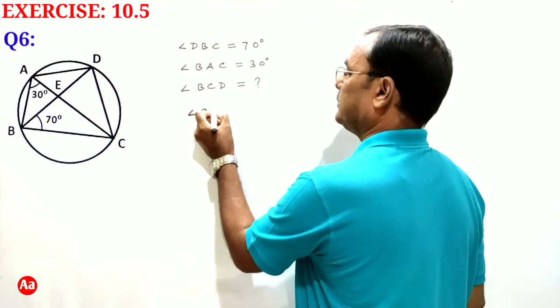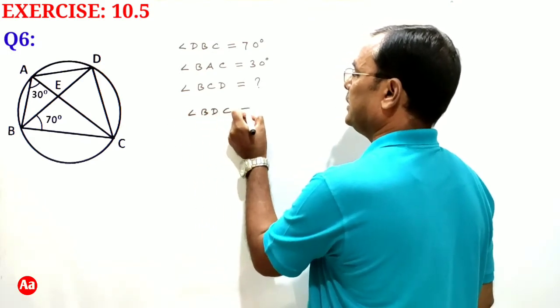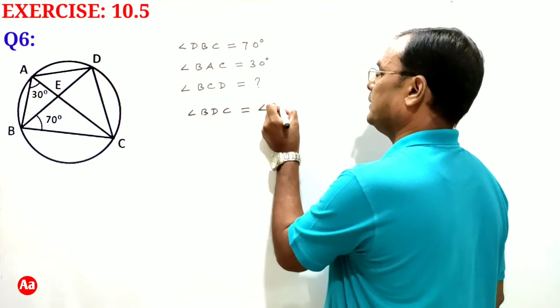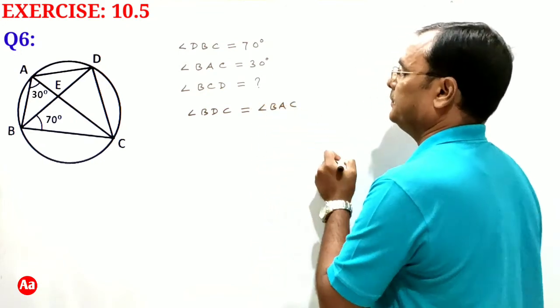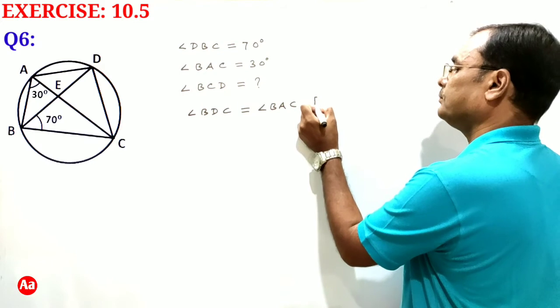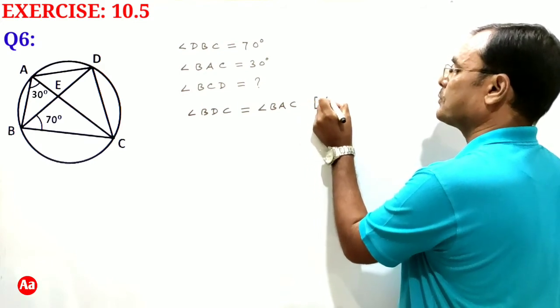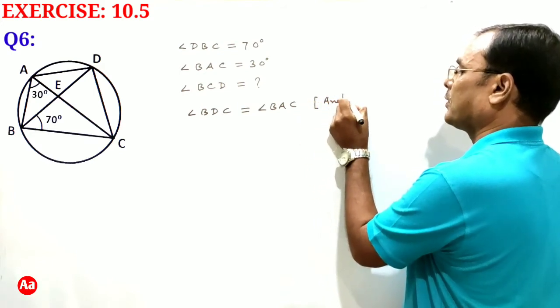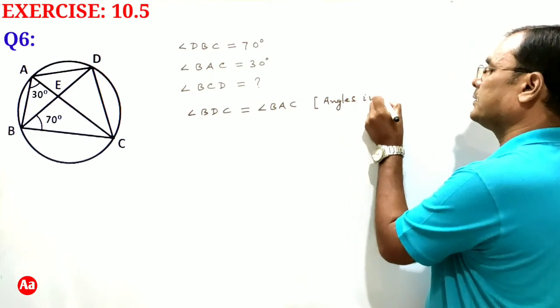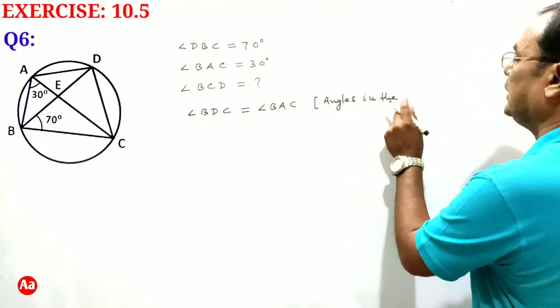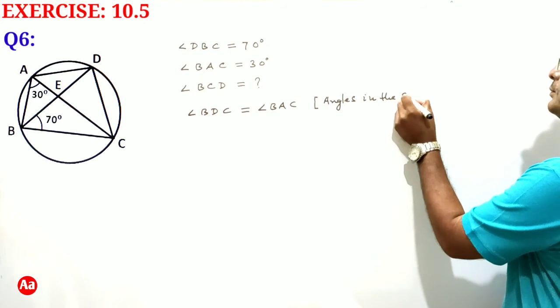So angle BDC is equal to angle BAC, angles in the same segment.